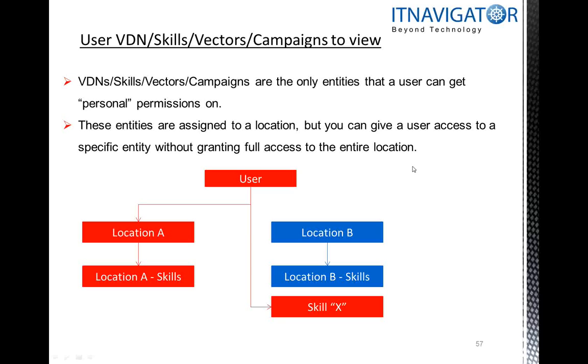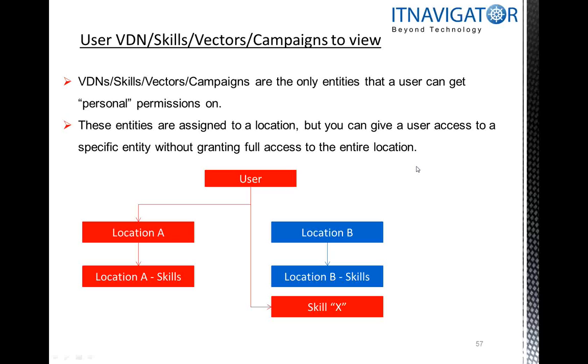But as you can see in the image in front of you, in a specific scenario, the user has access to location A, and he can see all skills from location A. But in location B, he can see only skill X. This is the only skill he's capable of accessing. And that means that he has no access to location B. He cannot see any location B related element except for skill X.